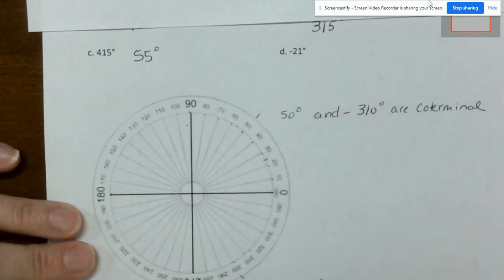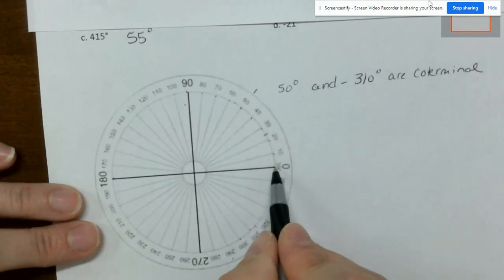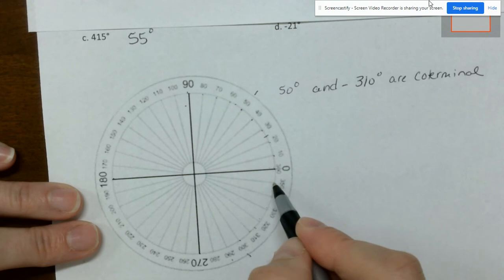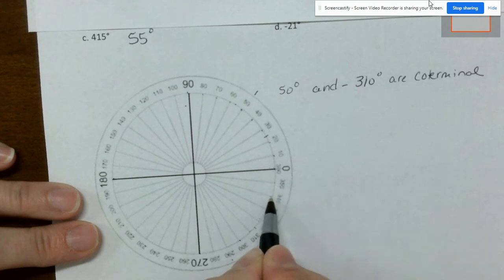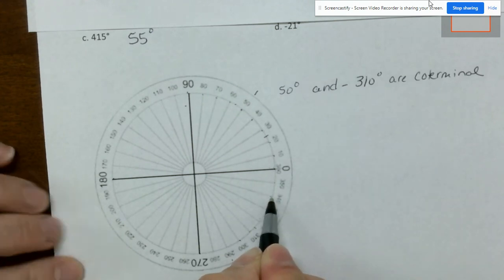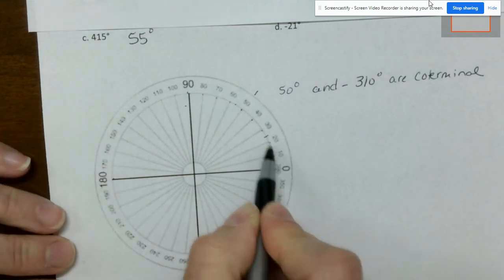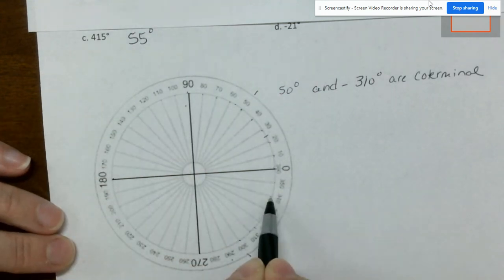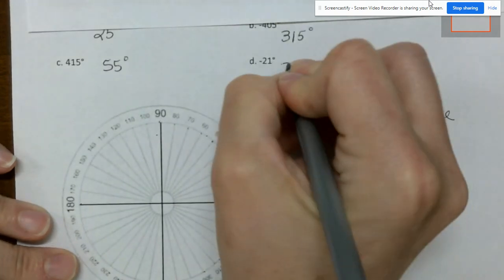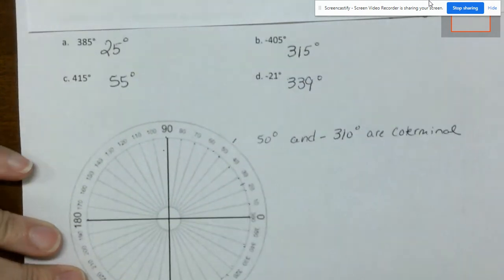And then last, negative 21. To go negative, that means we go this way. So we're going to go 10, 20, 21. That's going to be right here. Now you can see that that's really close to 340. So if I go around this way, that's going to be 339 degrees. So that's 339 degrees.